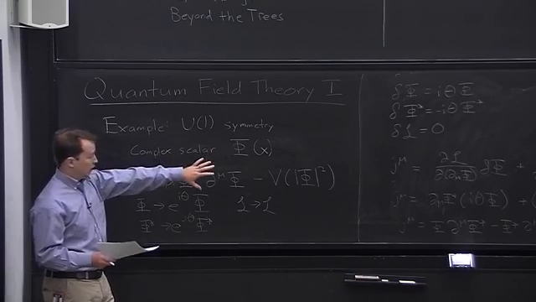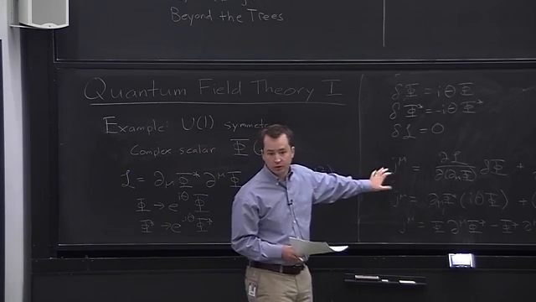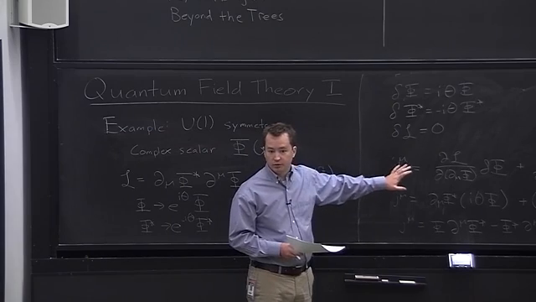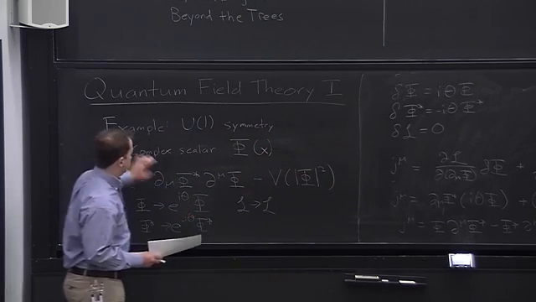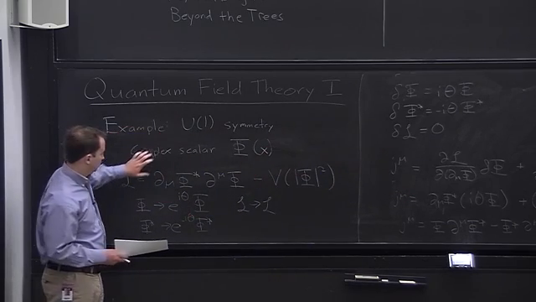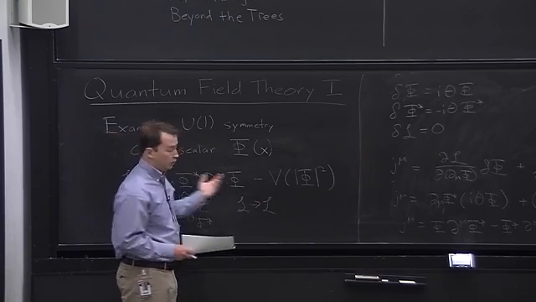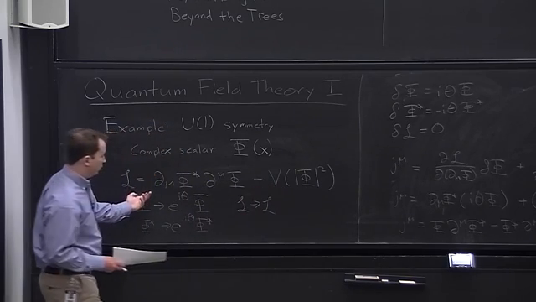So a motivation for this is, suppose I've observed some scalar particles that have electric charge. Then I know that it has to have U(1) symmetry, and so we should write down a Lagrangian that has a U(1) symmetry. There are other terms you could imagine writing down.